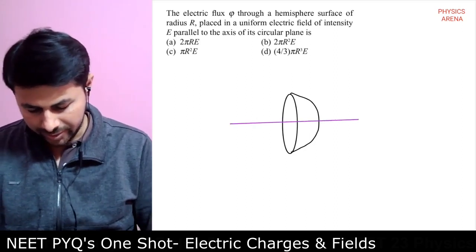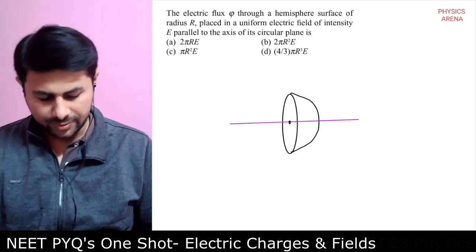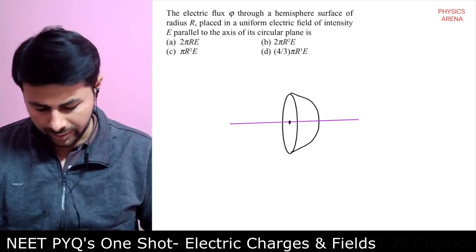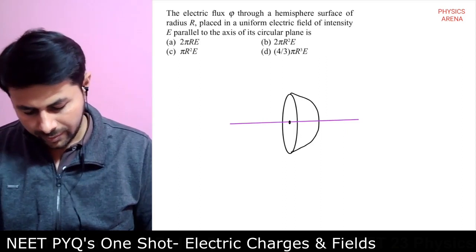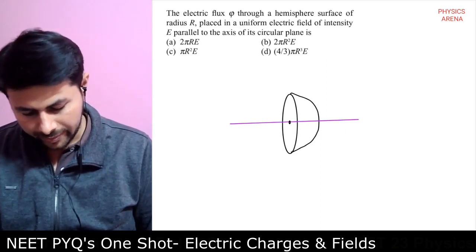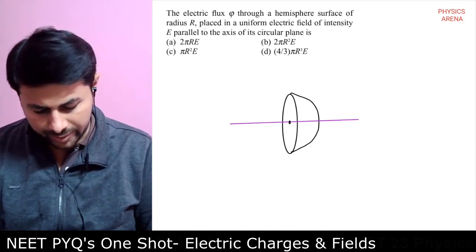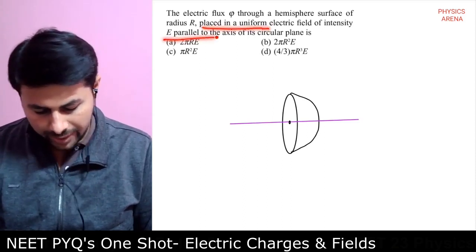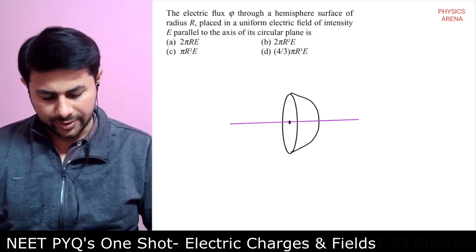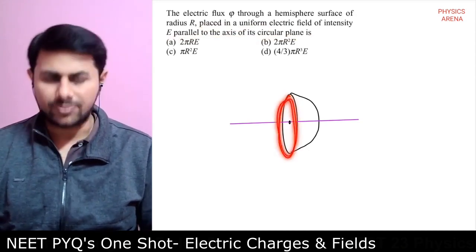So it passes through the center of this hemisphere, and given is the flux through this hemisphere due to the electric field parallel to the axis of the circular plane.